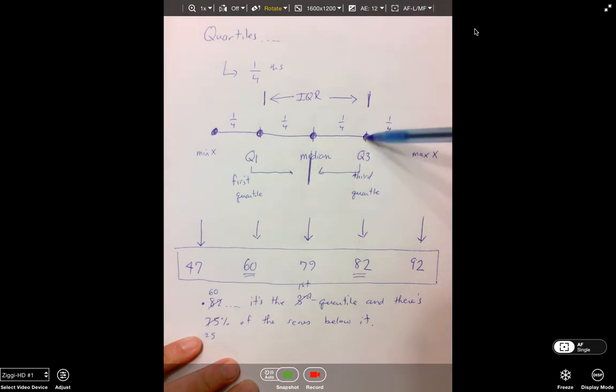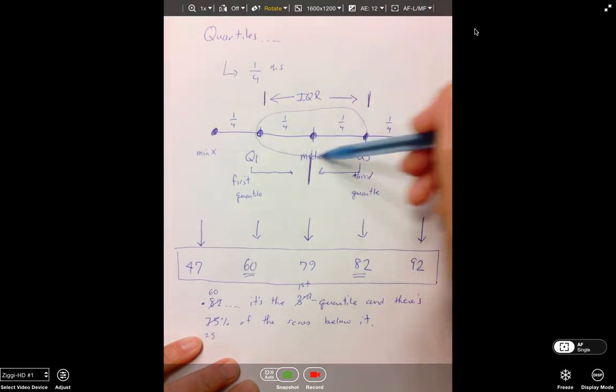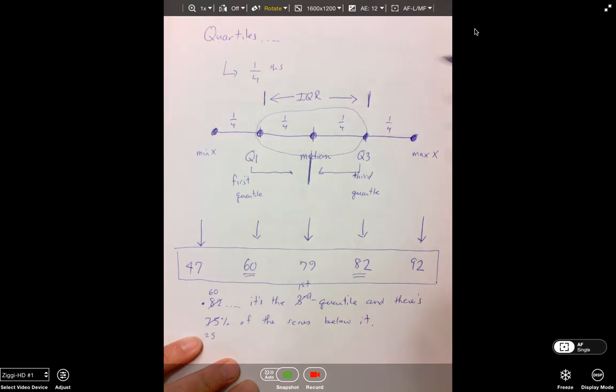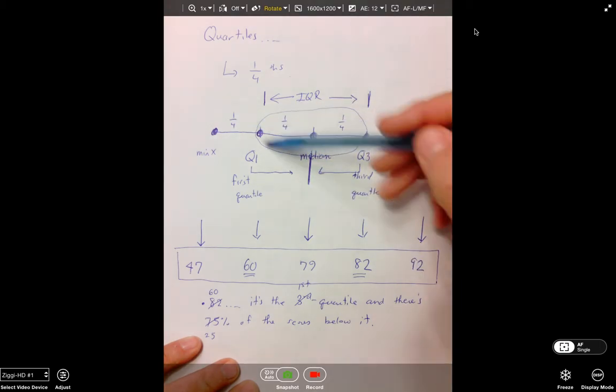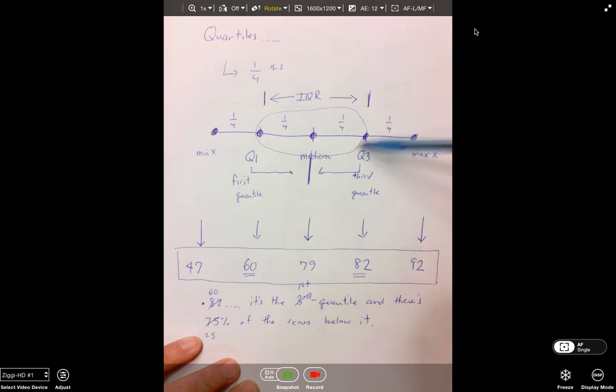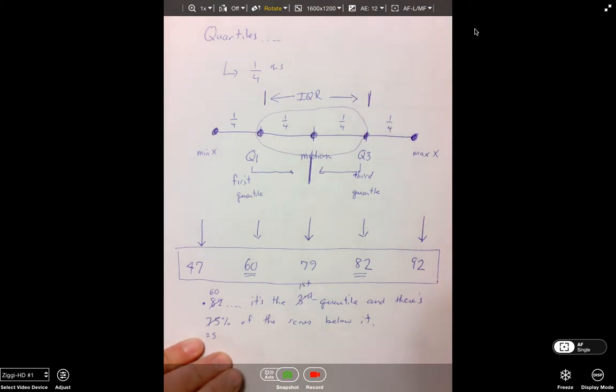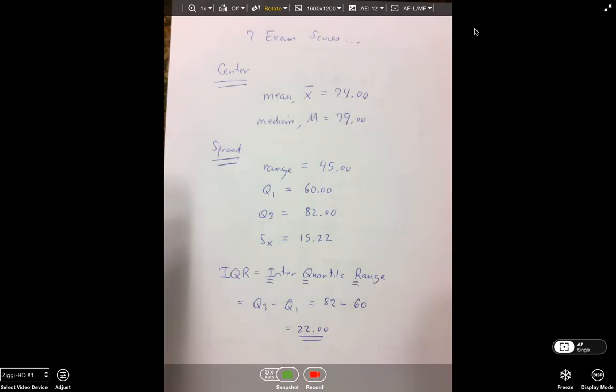And if we think about what we actually take care of right there, that's the middle 50%. This is helpful when we have a lot of extreme values, high or low, a lot of outliers. It gives us a more stable measure based on just the center 50%. So it's something that we will encounter and report.